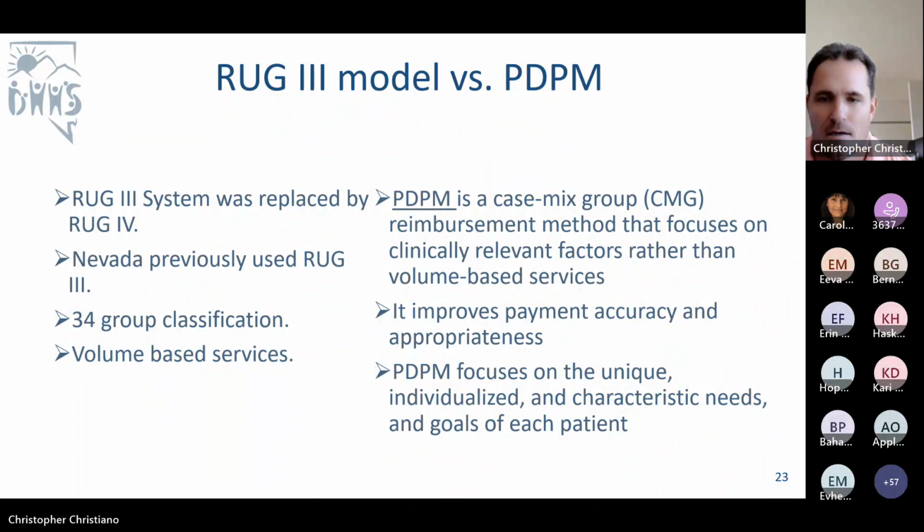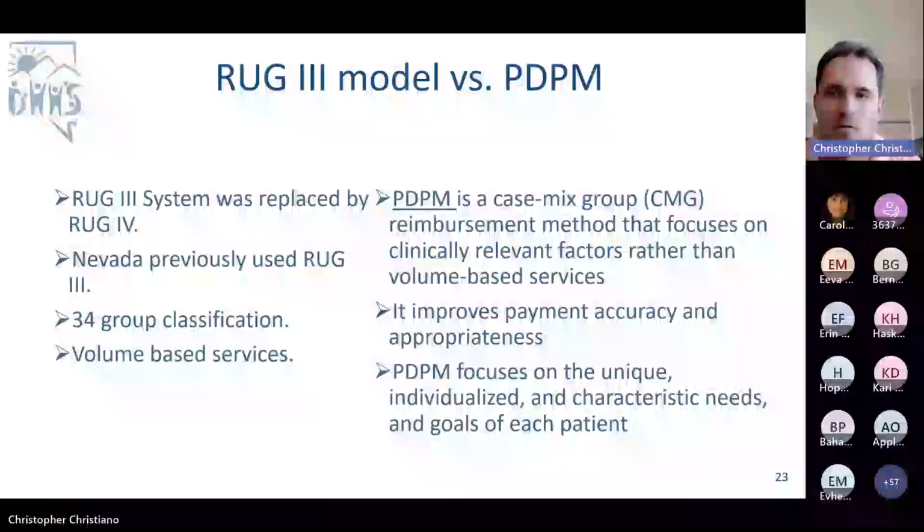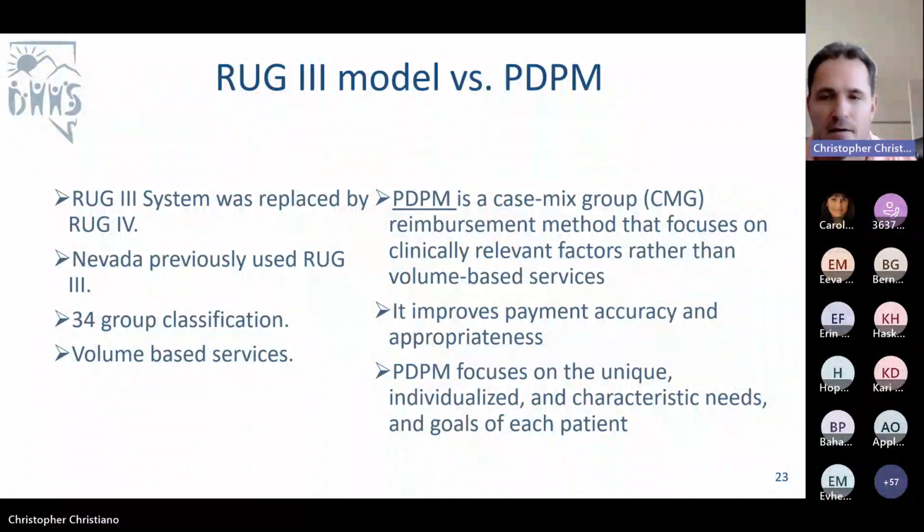It's going to improve accuracy, hopefully, and we've done some initial modeling with Myers and Stafford, and it's actually increased the payment for quite a few providers in Nevada, from what we're finding.